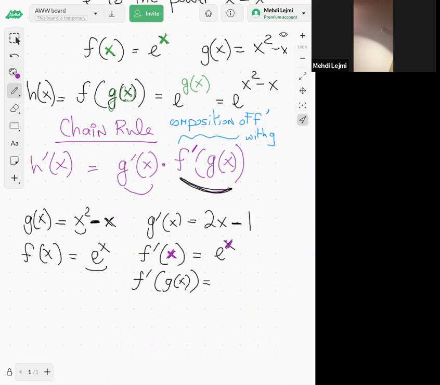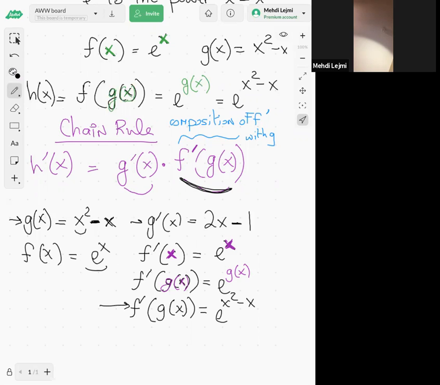So I have to substitute x with g of x. So now we're going to have e to the g of x. So f prime of g of x will be e to the, and g is x squared minus x. So that's e to the x squared minus x. So I got my f prime of g of x.